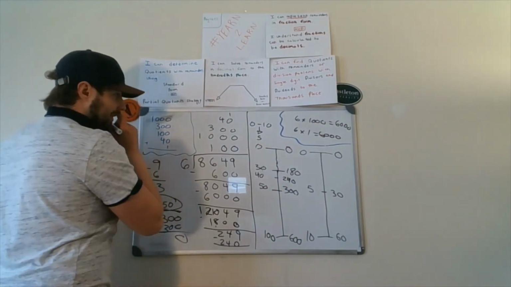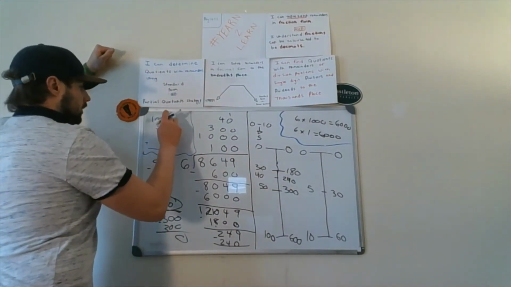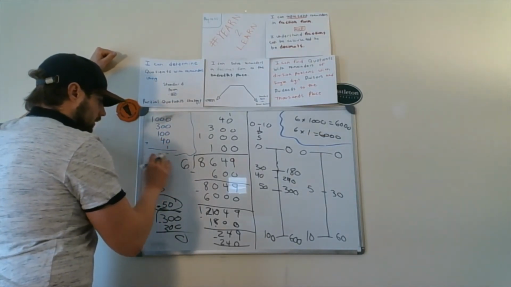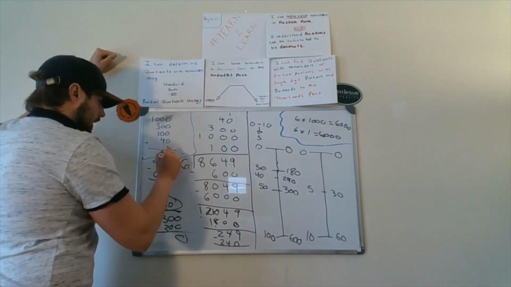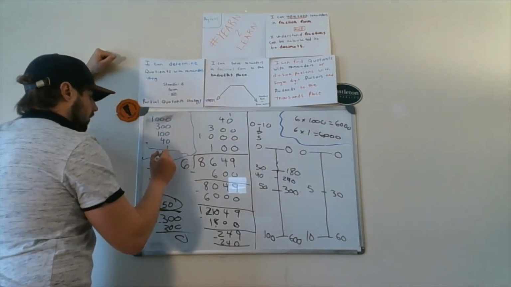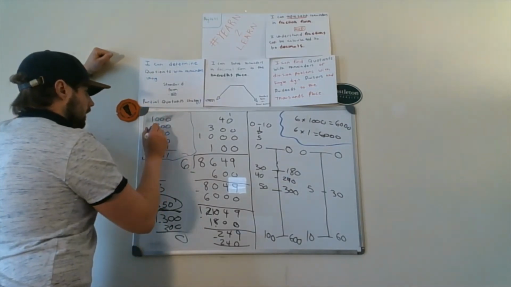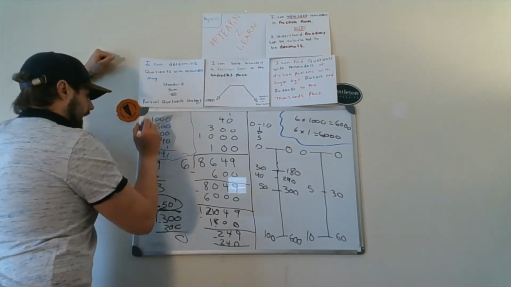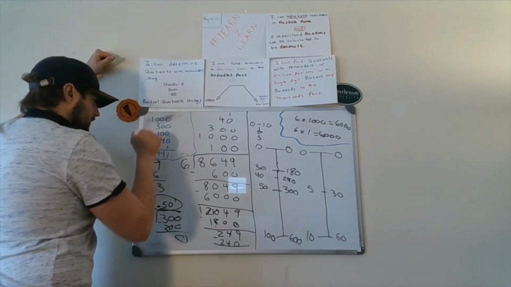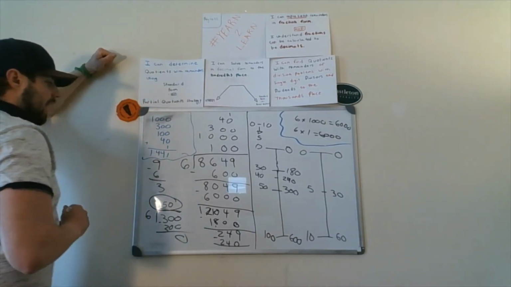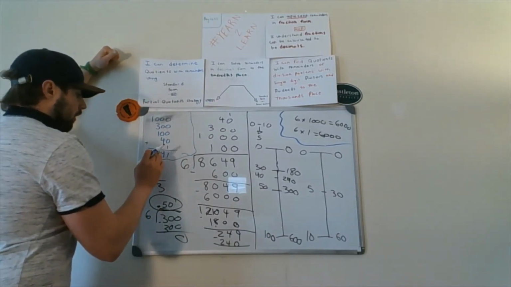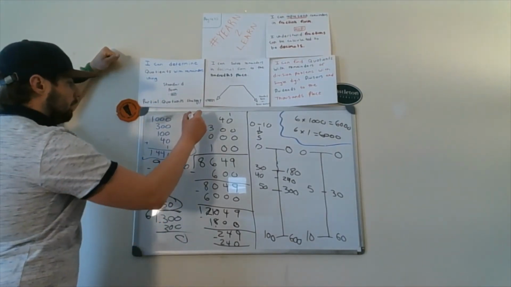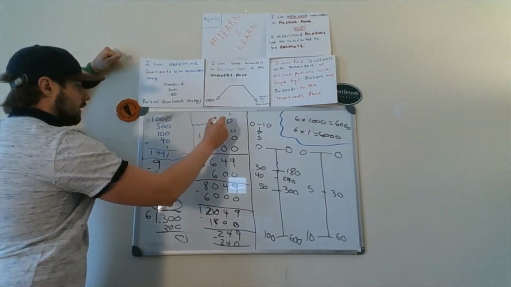Adding them all together. 0 plus 0 plus 0 plus 0 plus 1 is going to give me 1. Nothing plus 4 is going to give me 4. Nothing plus 3 plus 1 is going to give me 4. 1,000 plus nothing plus no other thousands is going to give me 1,000. 1,441. Can't forget that decimal place value we worked so hard to get.